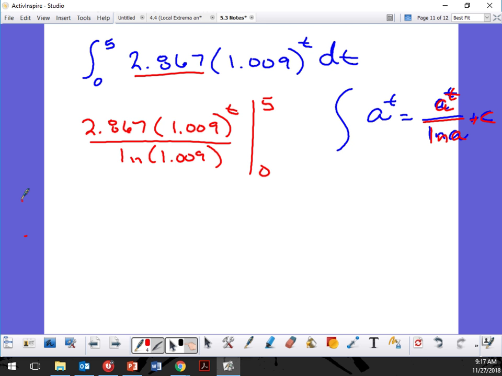Because when I'm actually adding and subtracting from my bounds, my definite integral here, I'm going to have to add a c on my top bound, right? It'd be a plus c on the top bound, but wouldn't it be a minus c on the bottom bound? Yeah. So you're going to have a plus c and a minus c, so those c's are going to cancel out anyway.